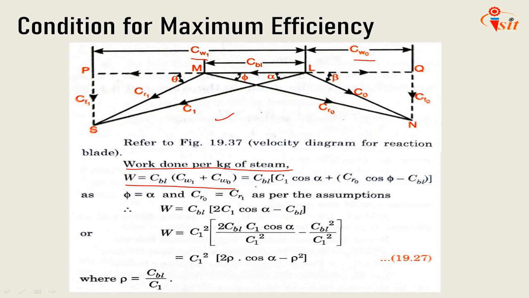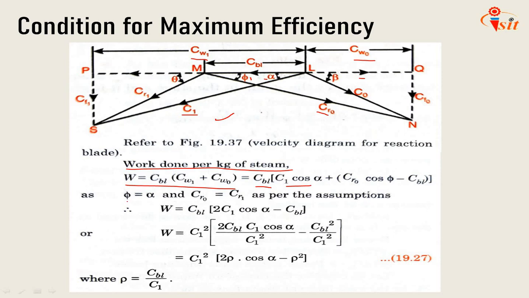Now we will rewrite: CW1 is nothing but C1 cos alpha. Okay, C1 cos alpha is nothing but CW1, plus CW0 will be CR0 cos phi minus CBL. Okay, so that will be CW0.